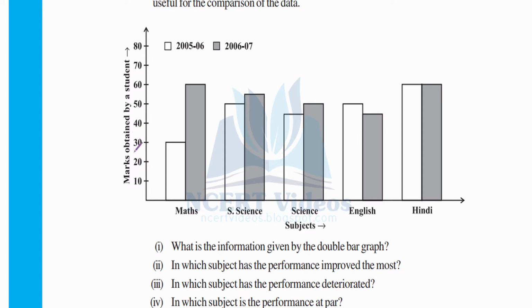So in this double bar graph we are getting information about a particular student, not a group of students, about a particular student who got certain marks in mathematics, social science, science, English, Hindi in 2 years. So that is the information this double bar graph is providing to us.